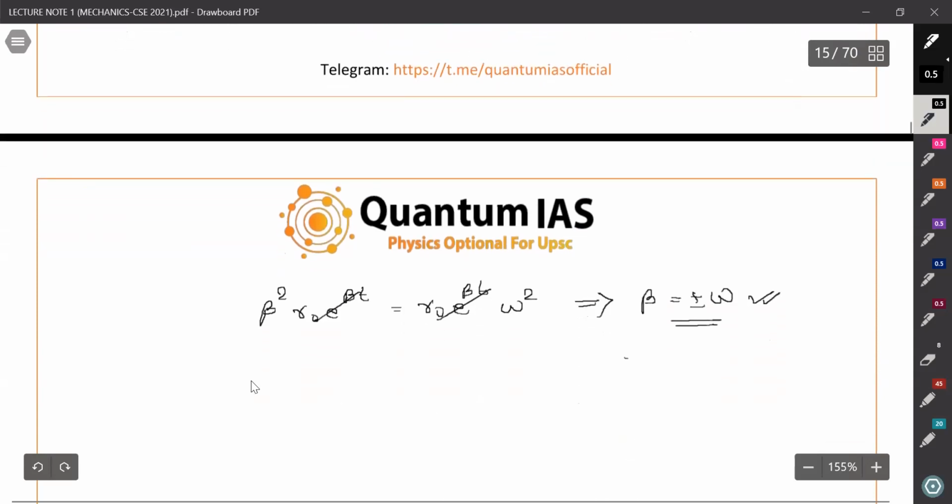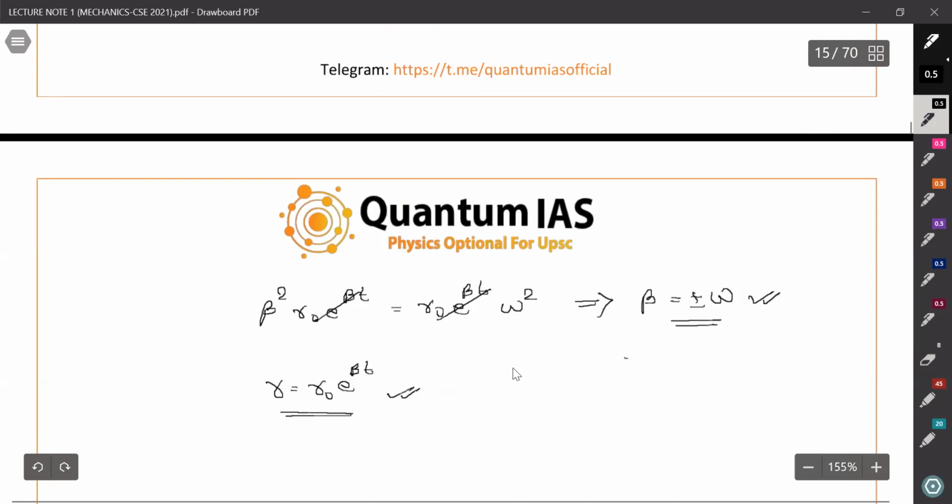And you can see this r equals r naught e to the power beta t, where the particle moves with zero radial acceleration. What we are trying to say is that if beta equals plus minus omega, it will move with zero radial acceleration.